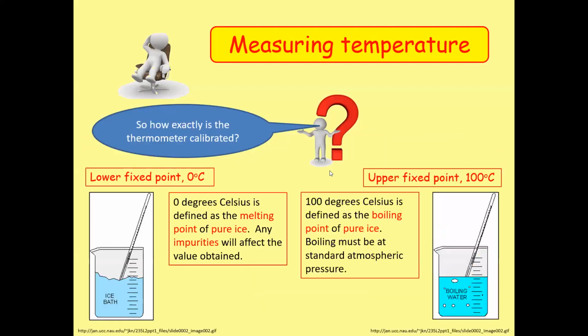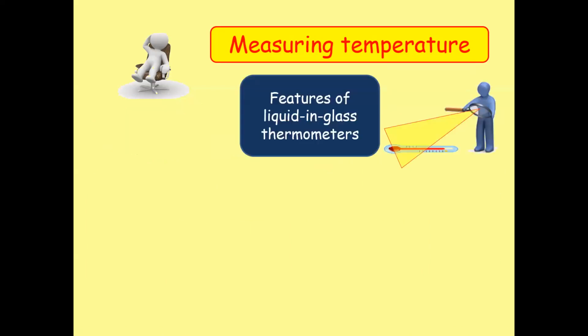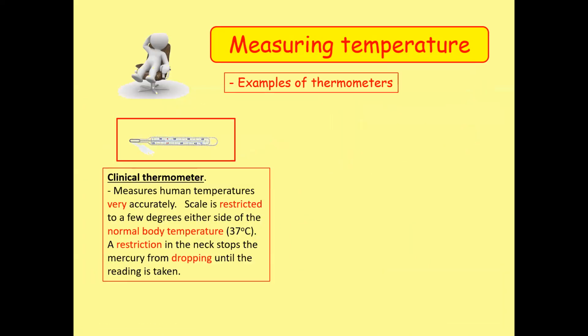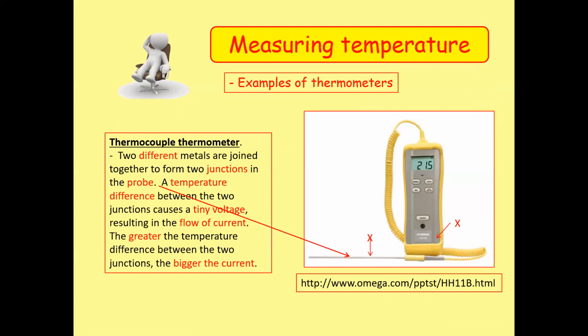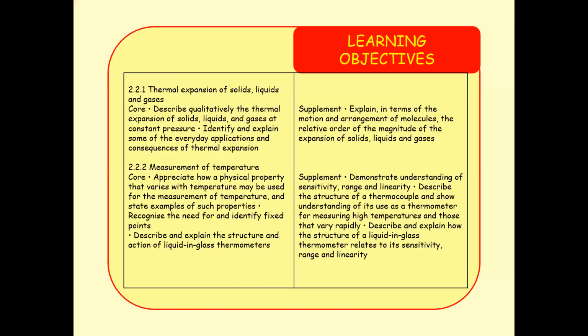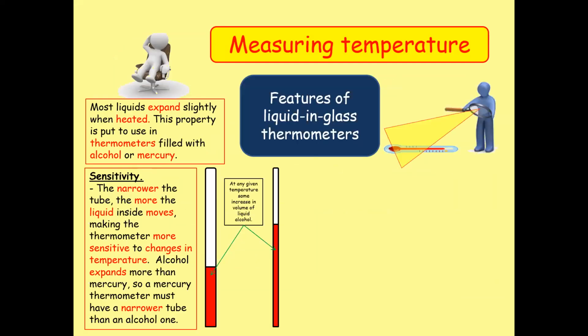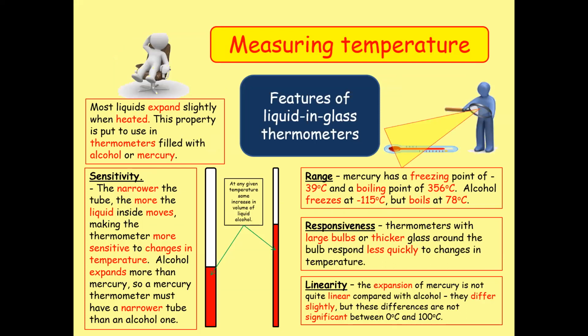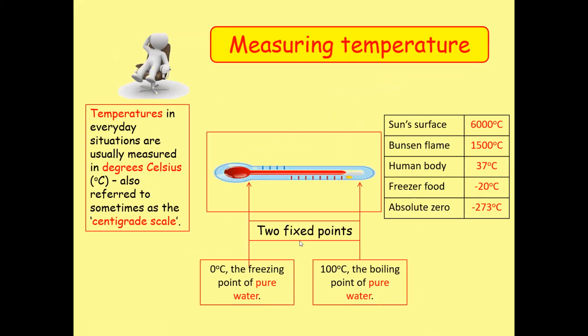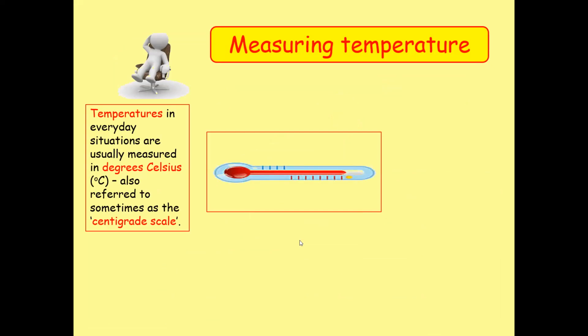So today we discussed the consequences of thermal expansion, as well as the types of thermometer and the definitions related to thermometers. Next session we'll do thermocouples. That will be the last topic of 2.2, and 2.3 is about methods of heat transfer.